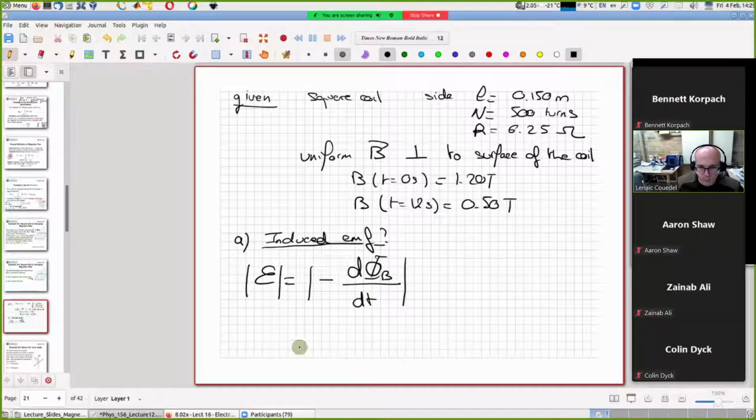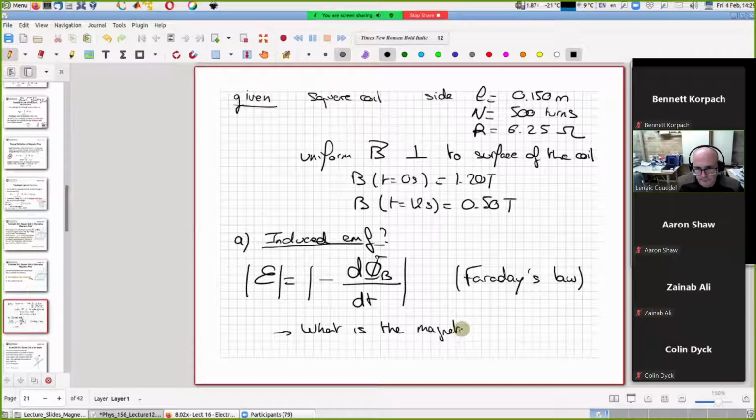So what do we need to do? We need to find first the magnetic flux.